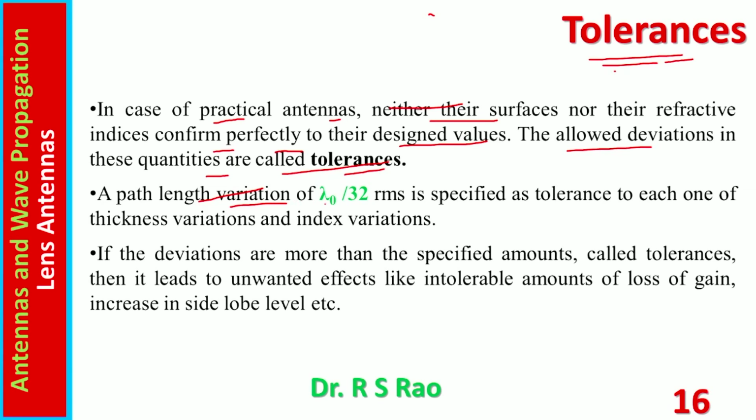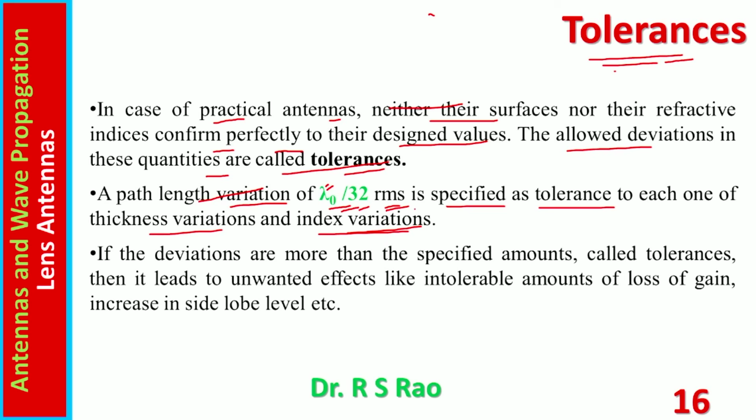The path length variation of lambda naught over 32 RMS is specified as a tolerance to each one of thickness variations and index variations. Allowed variations are determined from a standard. That standard is lambda naught by 32. Lambda naught means free space wavelength.